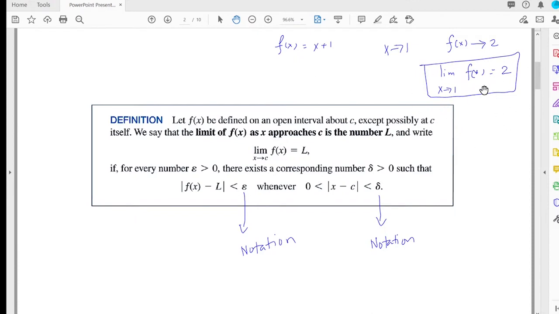The meaning of this limit is, no matter what delta, meaning any value on the x-axis around c, in this case 1, no matter what delta we pick on the x-axis around 1 to create an interval, we should be able to create an interval on the y-axis around 2 such that any image, the value of the function f of x from this interval, should be inside this interval. I'm going to show you the picture of what I'm trying to say here.